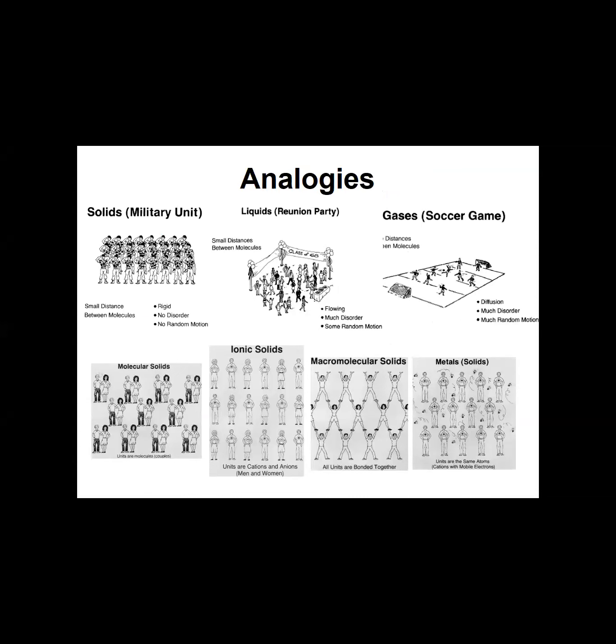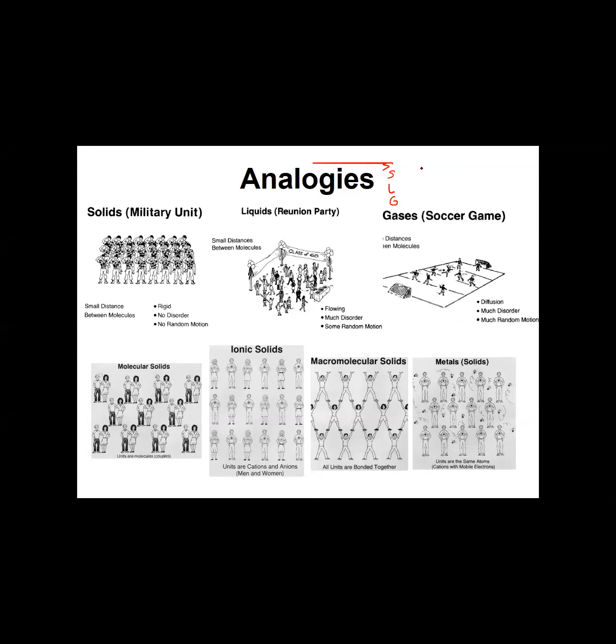So here, these are things that I use in my general chemistry courses. The first set of analogies that we have here is the way I discuss the three physical states: solid, liquid, and gas.